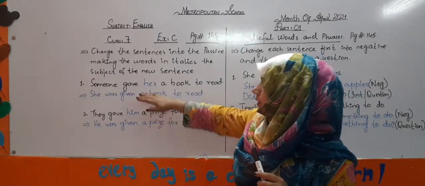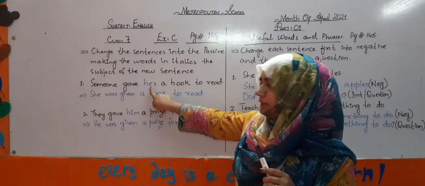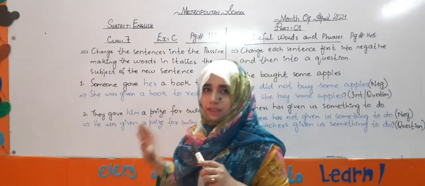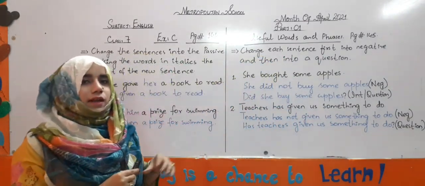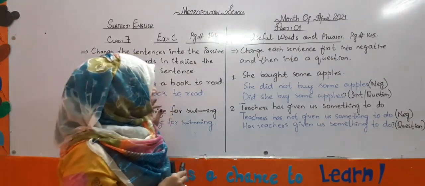There are some words in the sentences given in italics, and here I am writing them with the blue marker. You will have to make those words the first word of the sentence, and you will have to make the passive of that sentence, right my dear students?